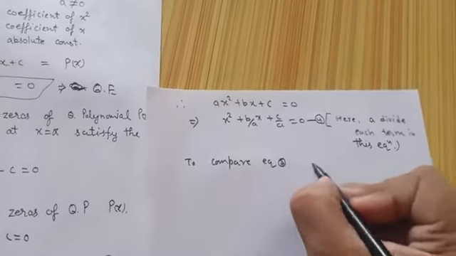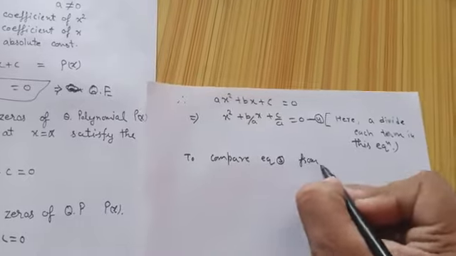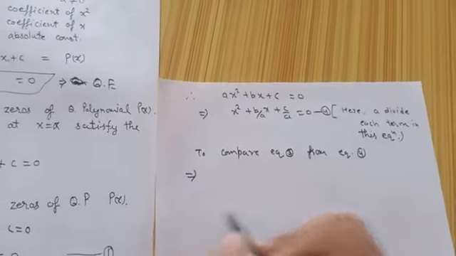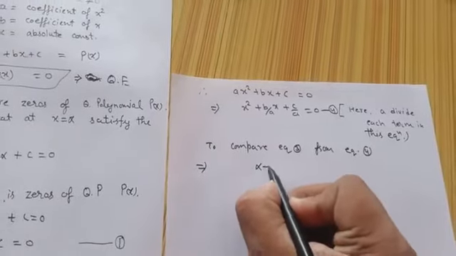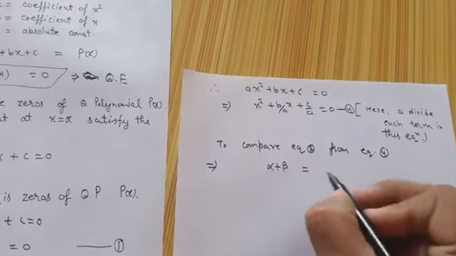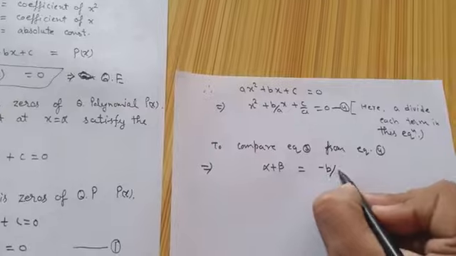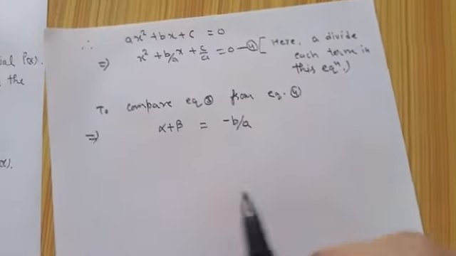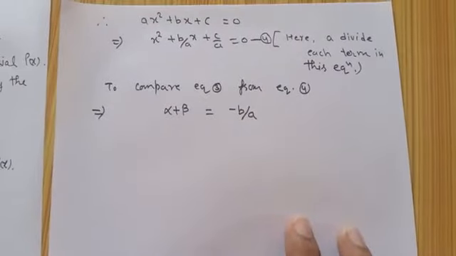To compare equation 3 with equation 4, we can say that alpha plus beta is equal to minus b by a.